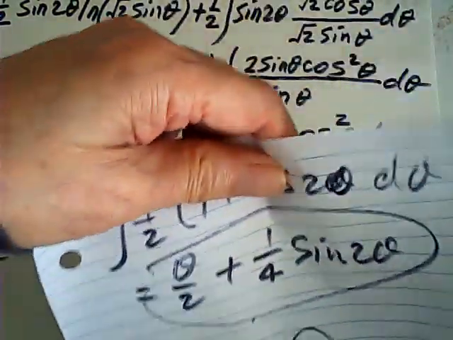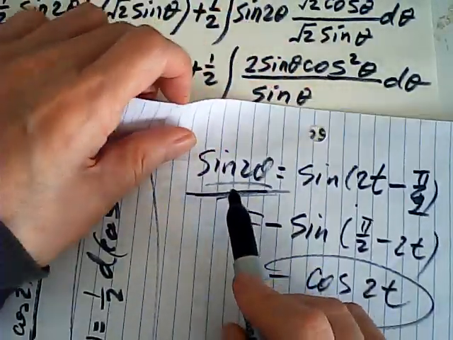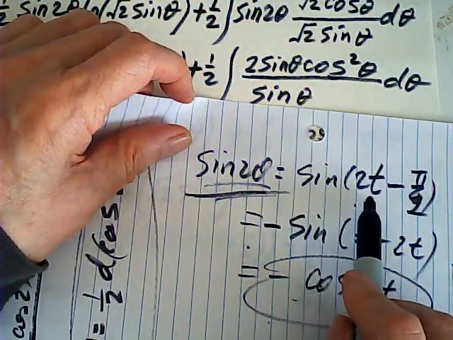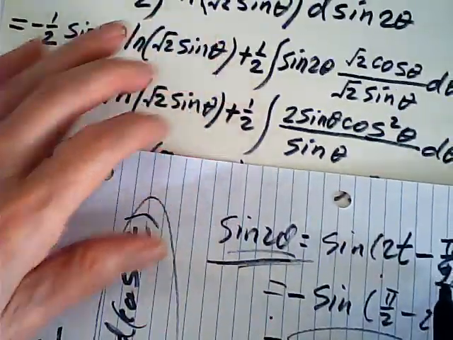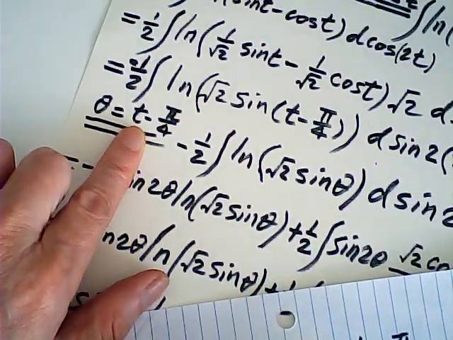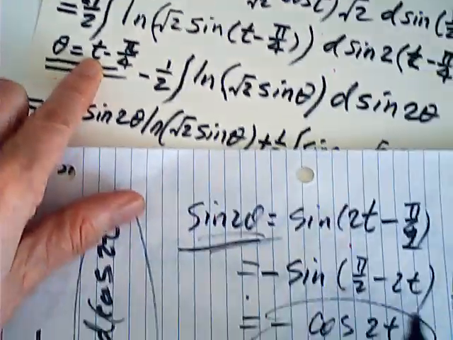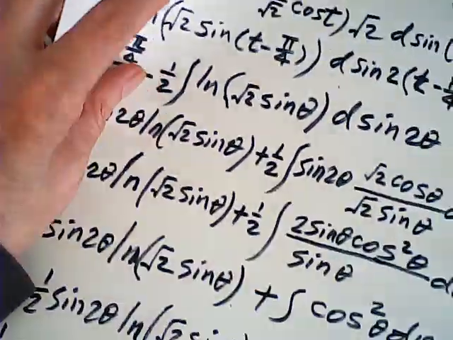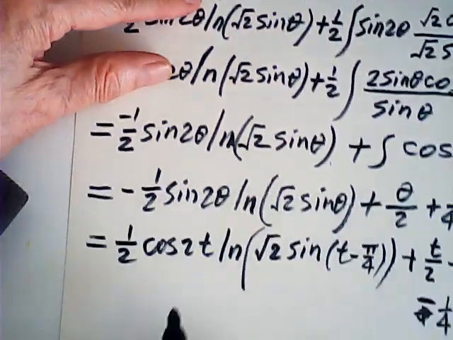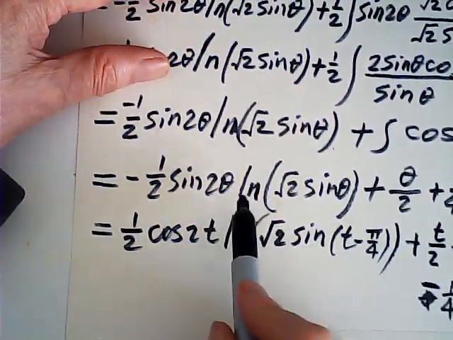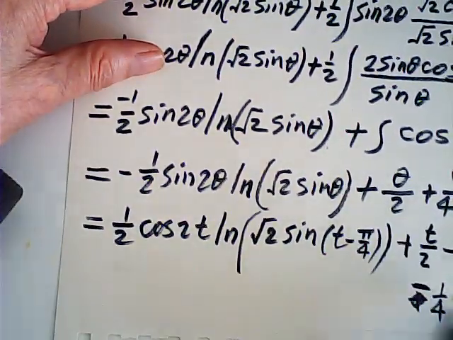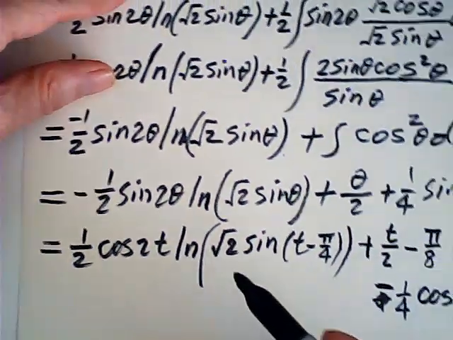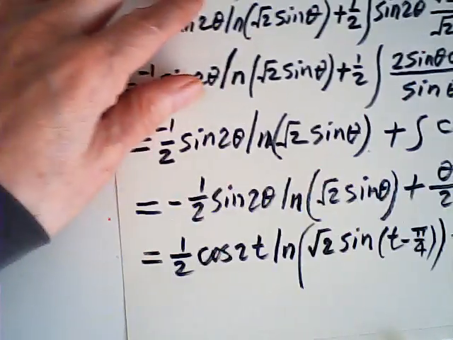Sine 2 theta is sine of 2 theta, where theta is this. Okay, so this is equal to negative cosine. So it's been ready. Now I convert from theta to t, then from t back to x. Then we finish, right?